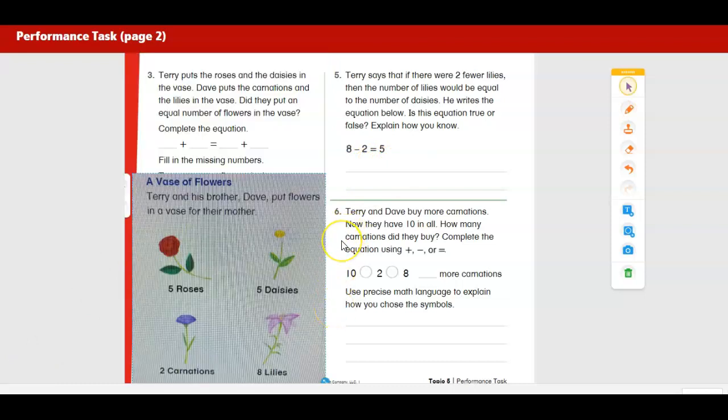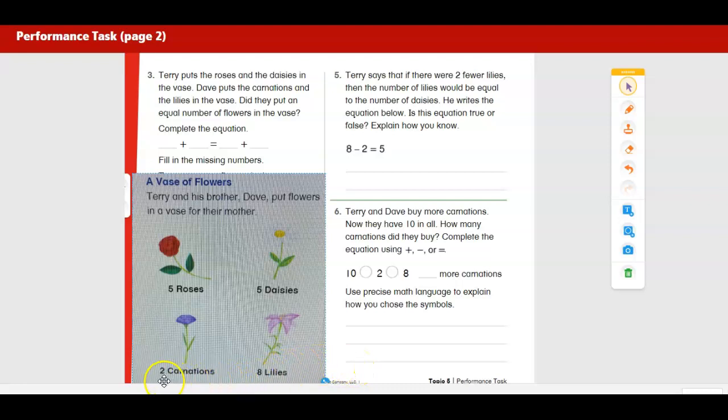For the last one on number 6, it says Terry and Dave buy more carnations. Now they have 10 in all. How many carnations did they buy? Complete the equation using a plus sign, a minus sign, or an equal sign. So let's look and see.